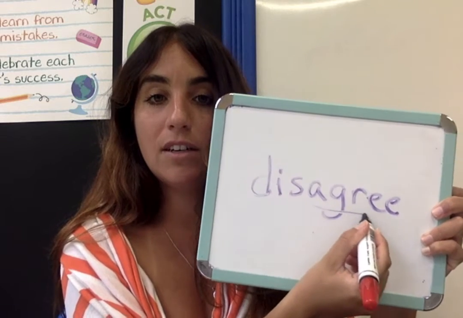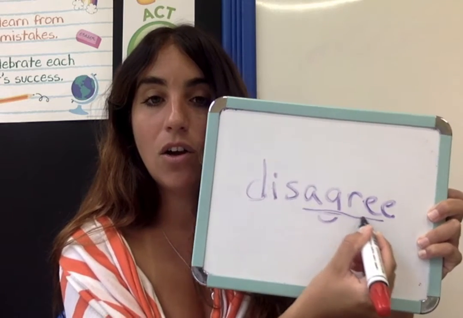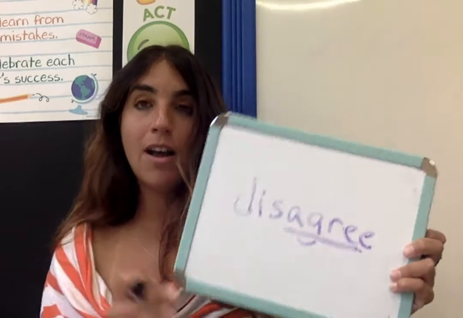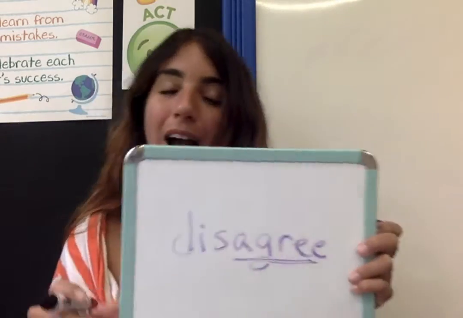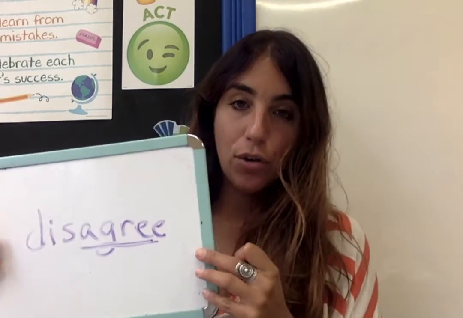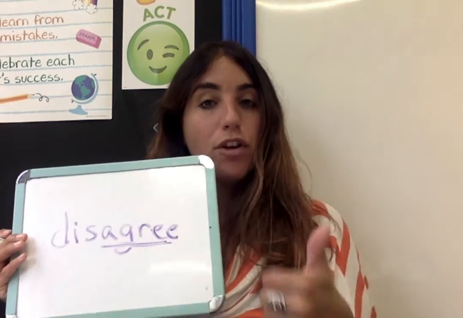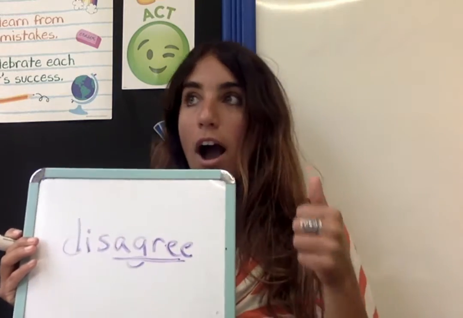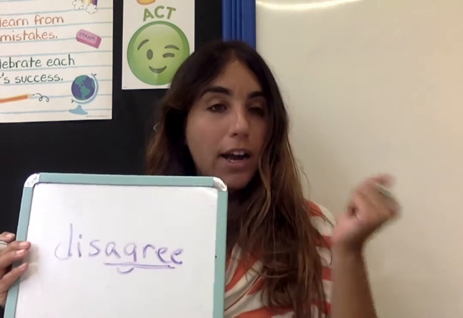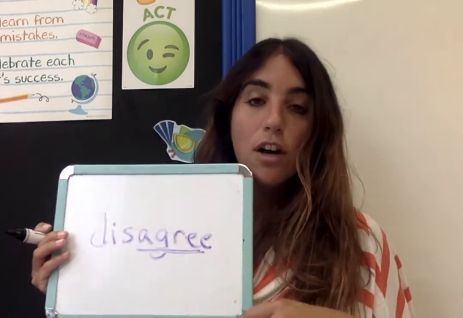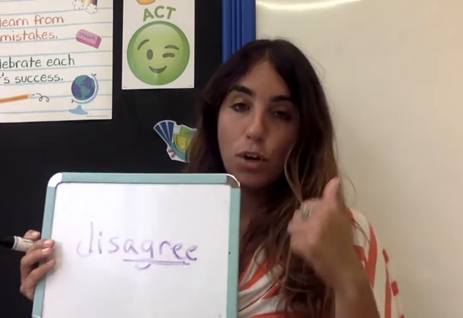So this here would be the root word, agree. We know that word. I agree with you or I disagree with you. Okay? So when you agree with someone, it's that you think that what they're saying is right. So I agree with you. I agree to go to school. I agree to go to the park. Those are things that we want to do. They're things that we agree to.